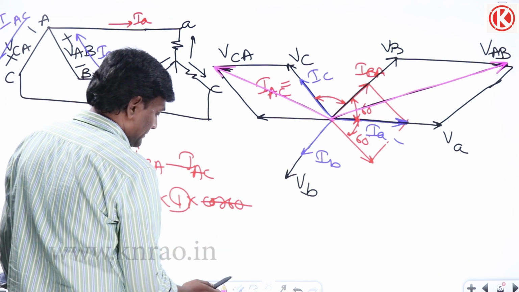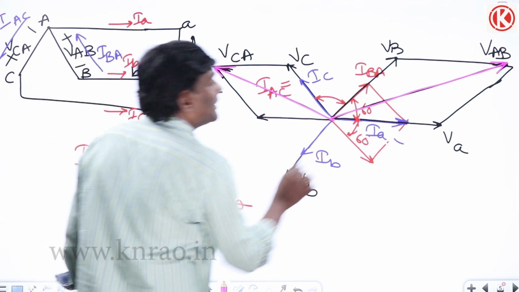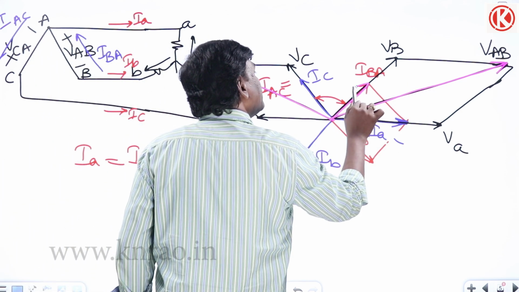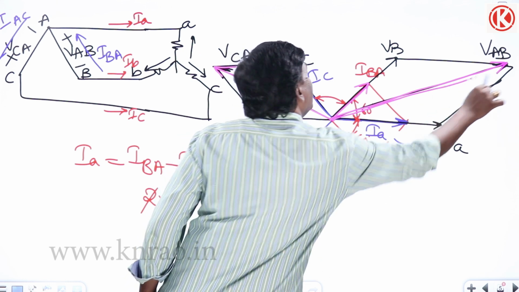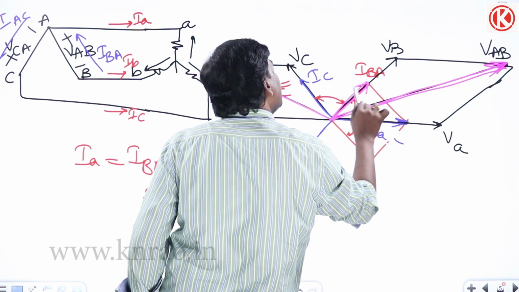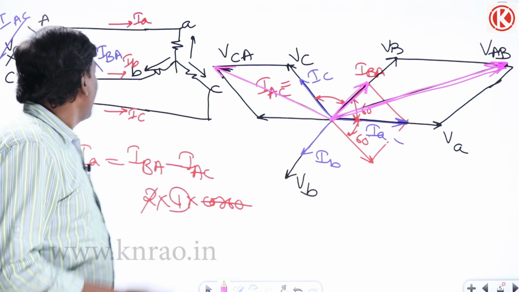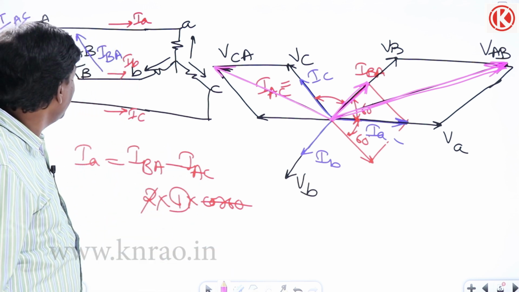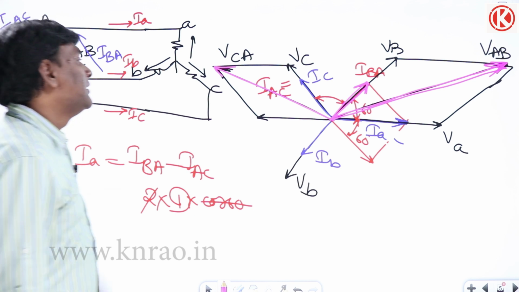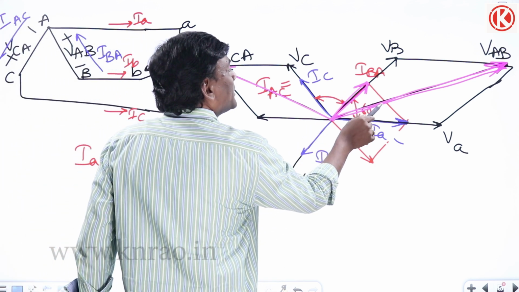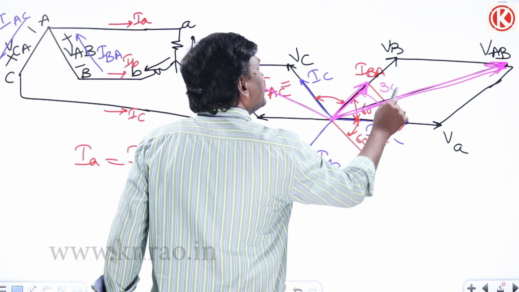Where is IBA? VAB is here, IBA is here. So that is the voltage-current displacement in this particular winding. With respect to voltage, the current is leading by 30 degrees.